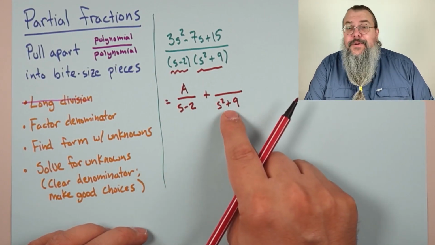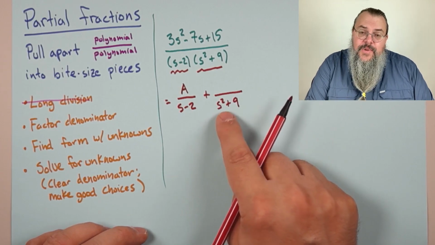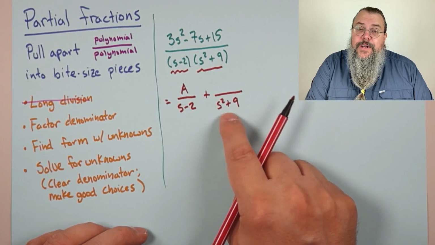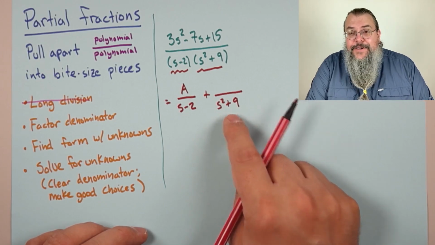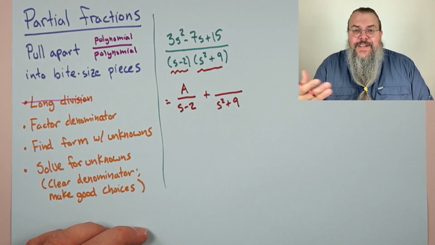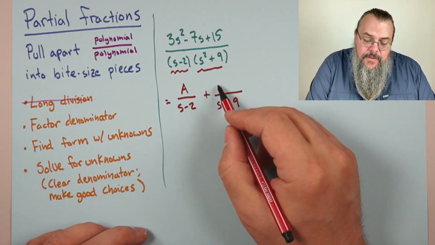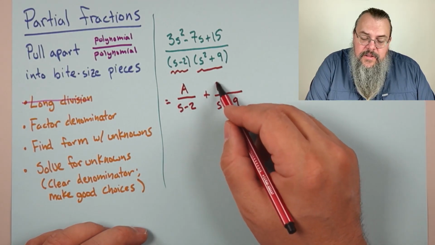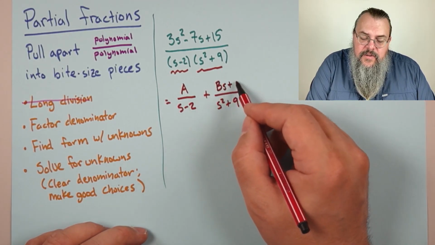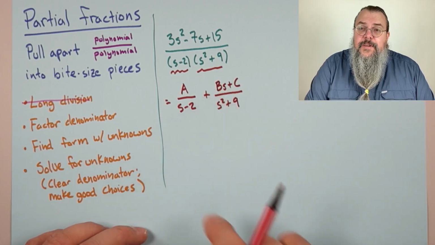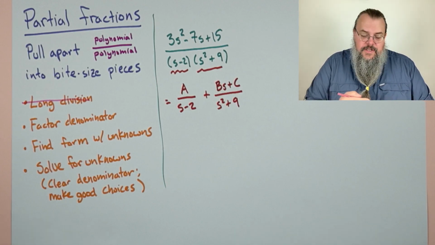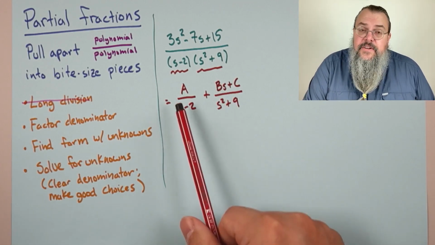Now, here's one of those subtleties I mentioned. Notice that this is what we would call irreducible quadratic. In other words, we can't factor it without getting complex numbers. And so we say, that's fine, we'll leave it as quadratic. The side effect is we have to add a little bit extra upstairs, B times s plus C. Now, spoiler alert, how many unknowns do we have?